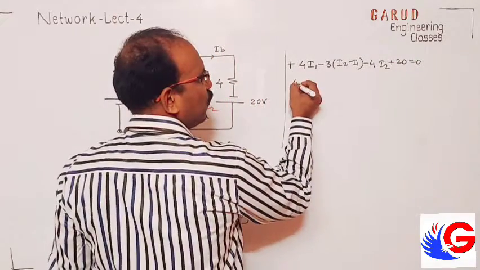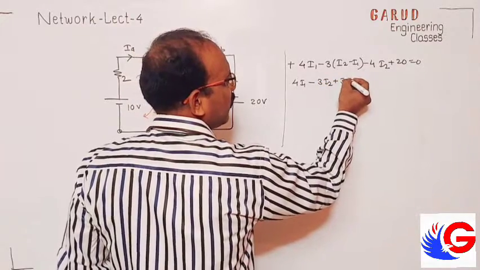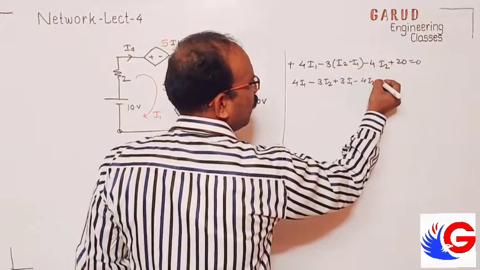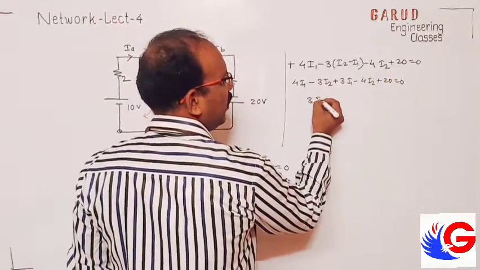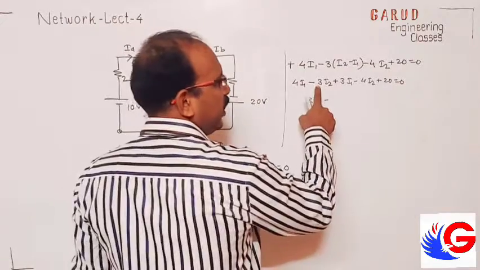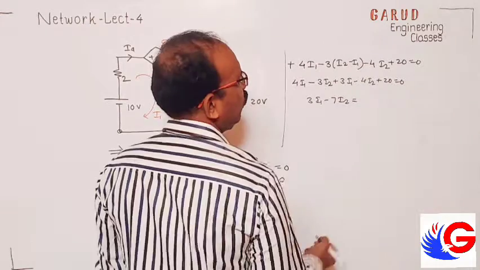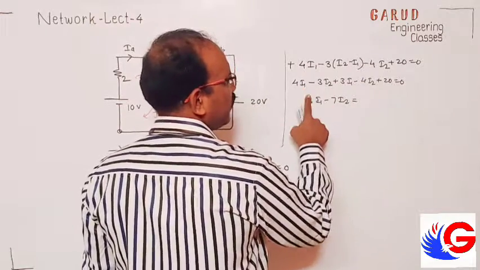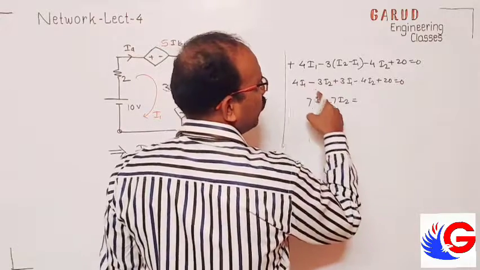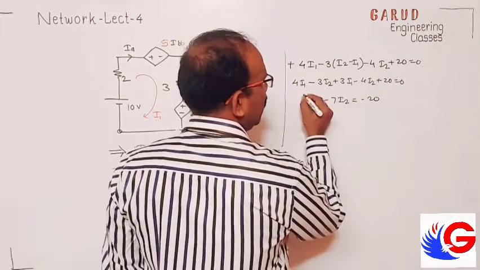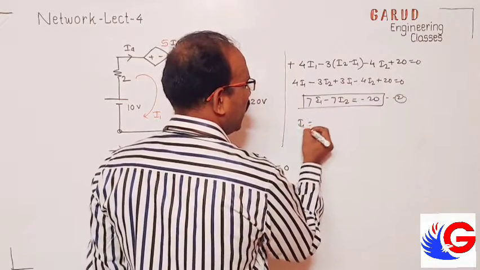Okay, so 4I1 minus 3I2 plus 3I1 minus 4I2 plus 20 equals 0. So that is 3 and 4, minus 7I2 equals, sorry, I1 is also 7, 4I1 and 3I1, 7, okay, equals minus 20. So this you can treat like equation 2. We can solve for I1 and I2.